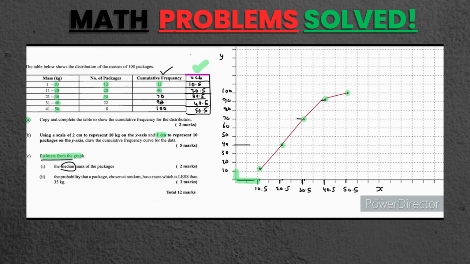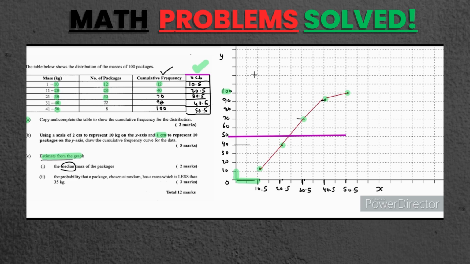So we have to see what's the maximum cumulative frequency and what's the minimum. Minimum is 0 and the maximum is 100. So what's the half of these two values? That is 50. So I will draw a line here at y equals 50, right?